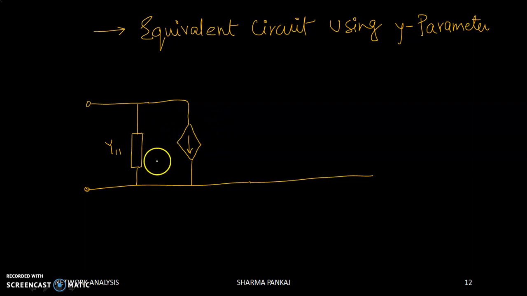It is Y12 V2. This is plus or minus the voltage V1 between these two terminals, and current I1 is inward.